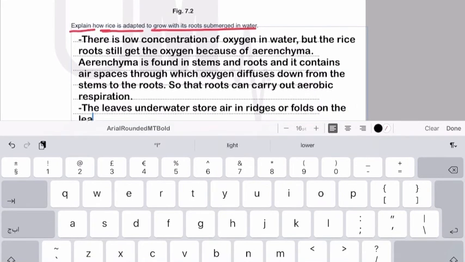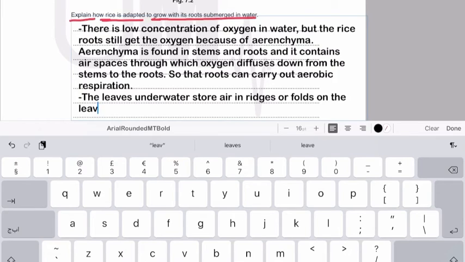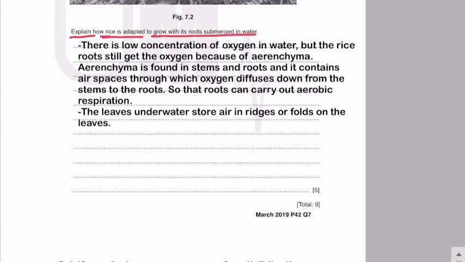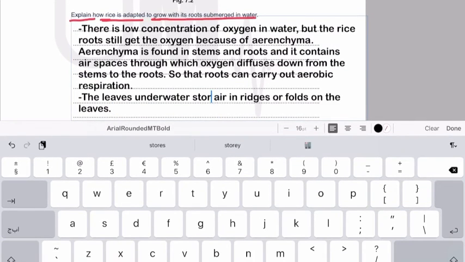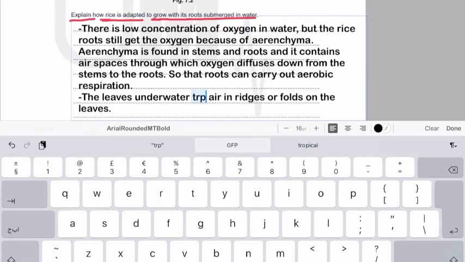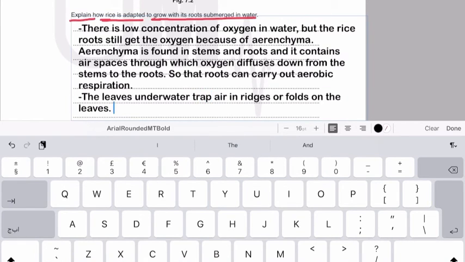We discussed in the lectures that the rice leaves which are underwater have ridges or folds on their surface which can store or trap air underwater.